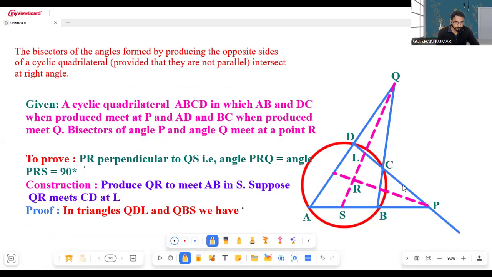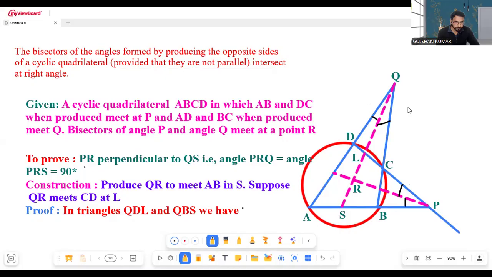This one and this one are equal because PR is the bisector of angle APC, and QS is the bisector of angle AQB.